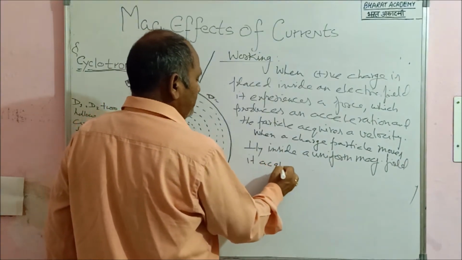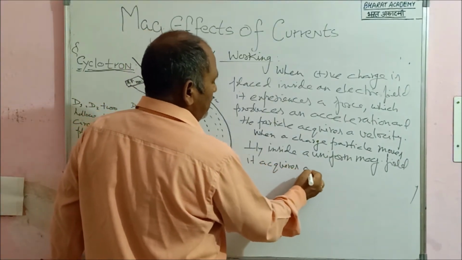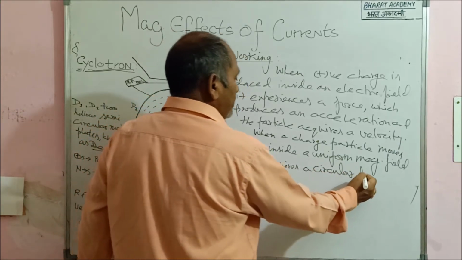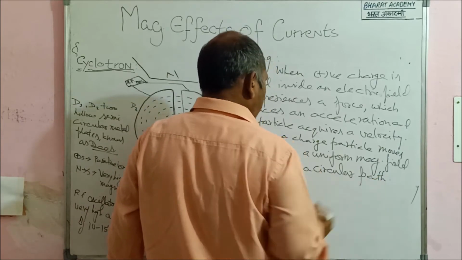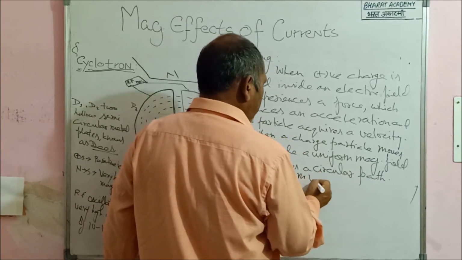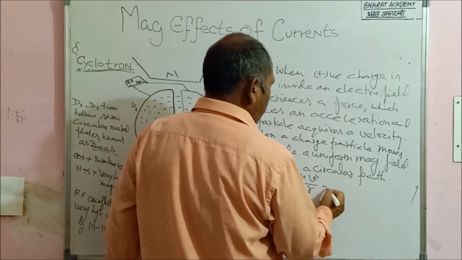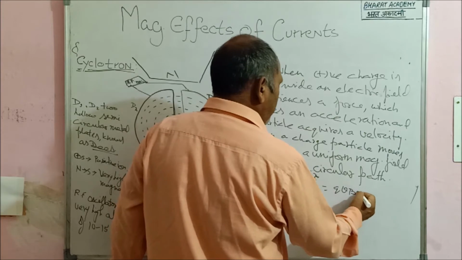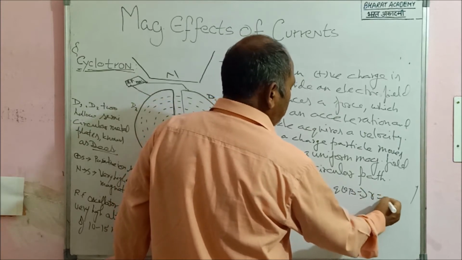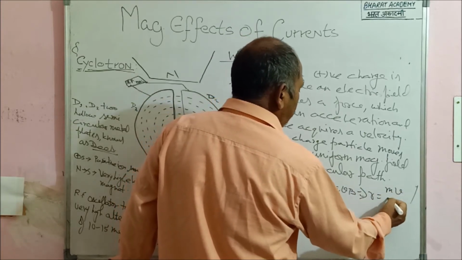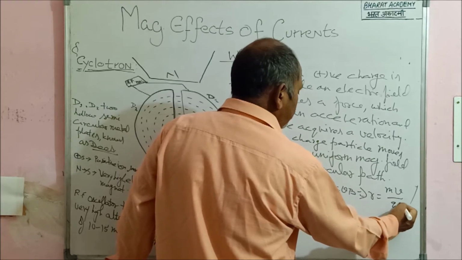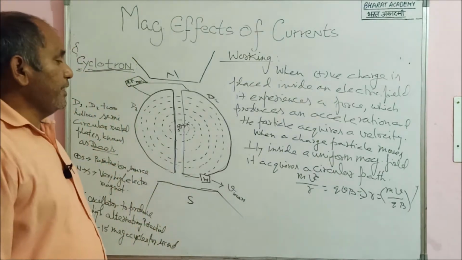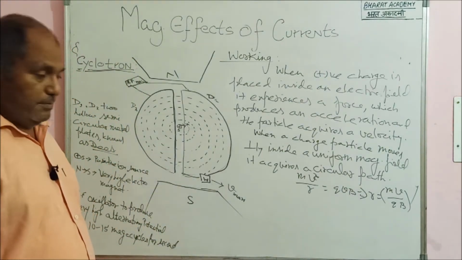It acquires a circular path. By the same process, the centripetal force is provided by the magnetic force. What we get is r equal to mv by qB. This will be the radius acquired by the charged particle.